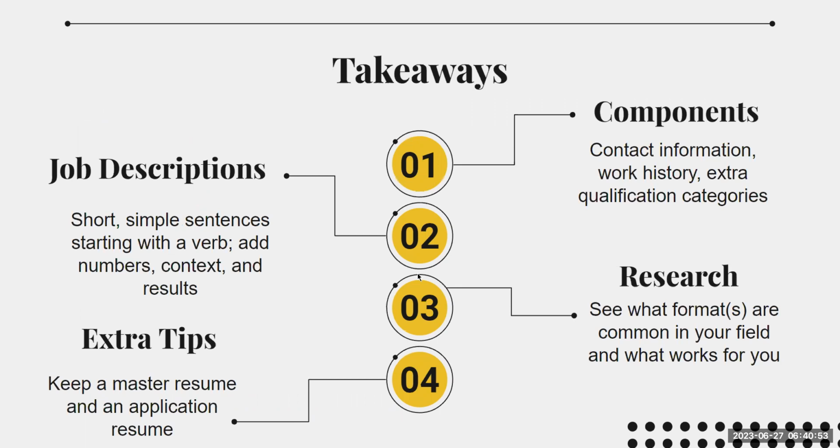Or if you choose to write a CV, your six main components: your education and contact information, research, teaching experience, publications and presentations, awards, training, affiliation, and service. Second, make sure all of your descriptions are short, simple, and start with a verb. Add numbers, context, and results when possible.